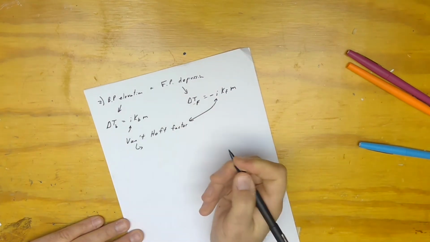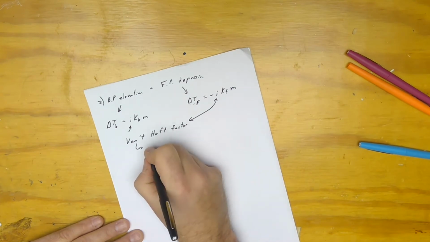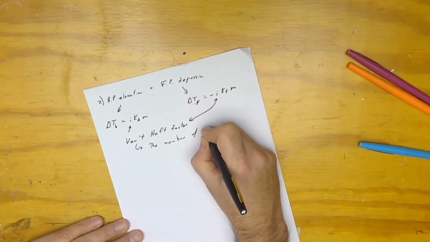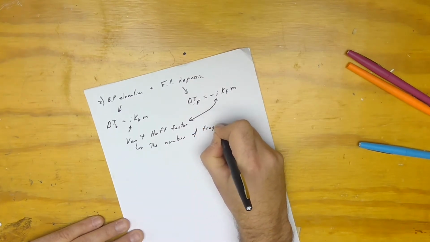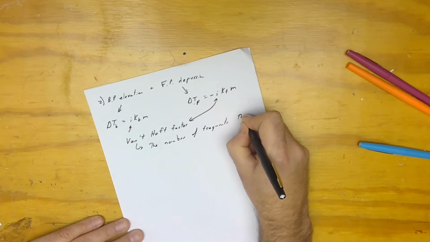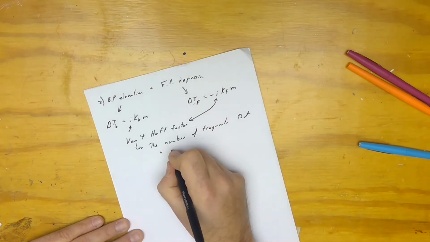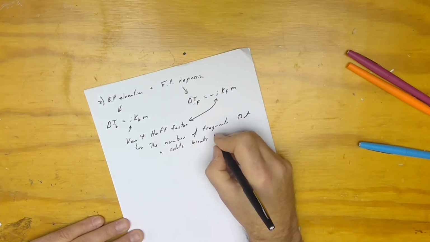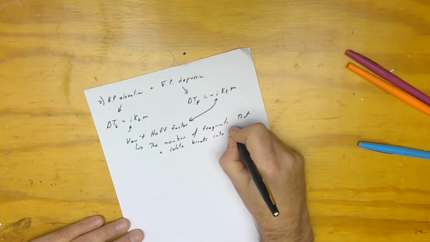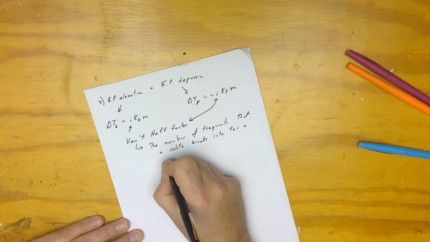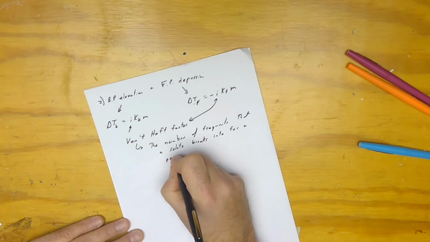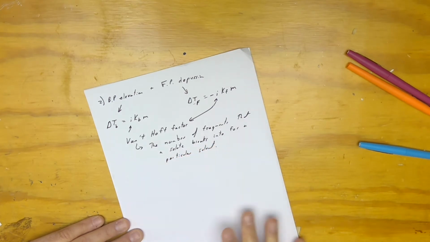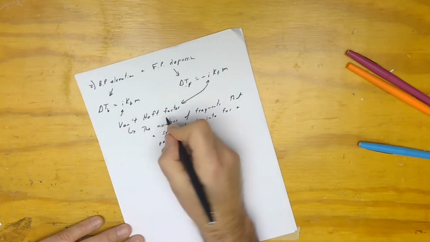And all that van 't Hoff factor is, is the number of fragments that a solute breaks into for a particular solvent. And we went through this. We just didn't name it the van 't Hoff factor.